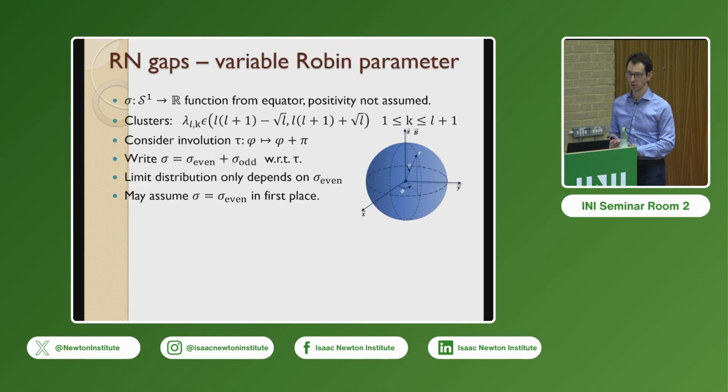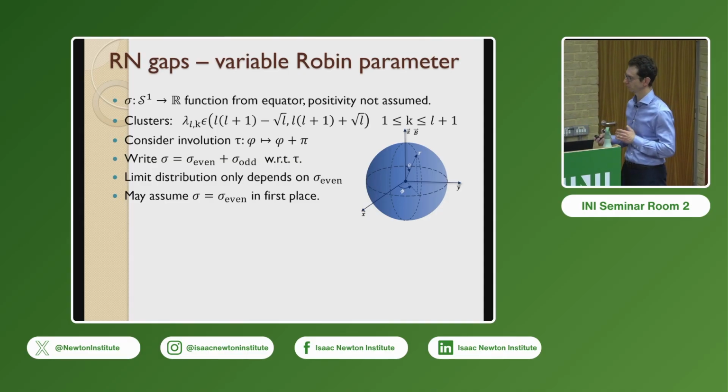Let me now describe the results with Alexander. Again, let me repeat, we have clusters. These are just those eigenvalues that lie in an energy window of width square root of L. We have this sphere, and we restrict it to the hemisphere, and we consider the involution on the equator, phi goes to phi plus pi.